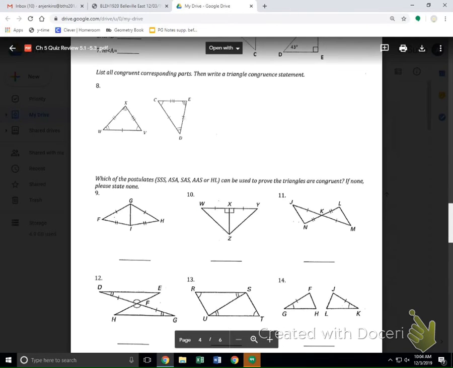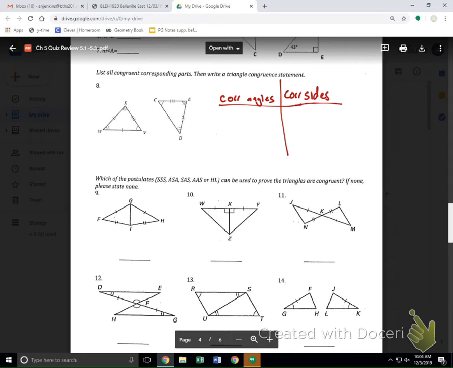So this is all going to be about that 5.1 where we listed out everything that's corresponding angles and corresponding sides. So we have corresponding angles. Remember, for corresponding angles, we're going to do one arc and compare it to the one that has one arc.